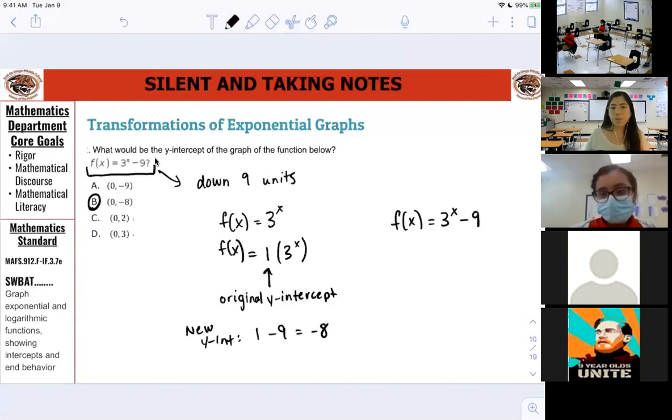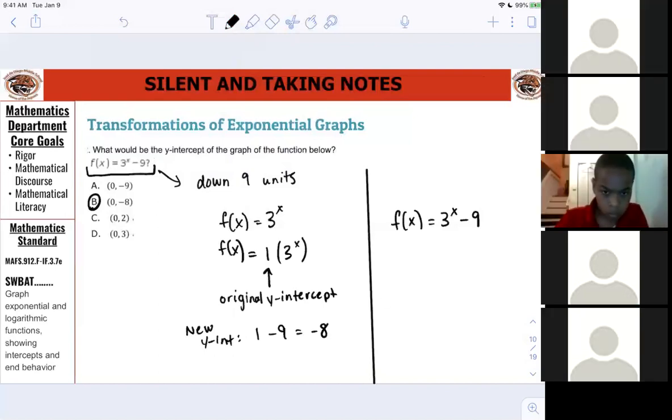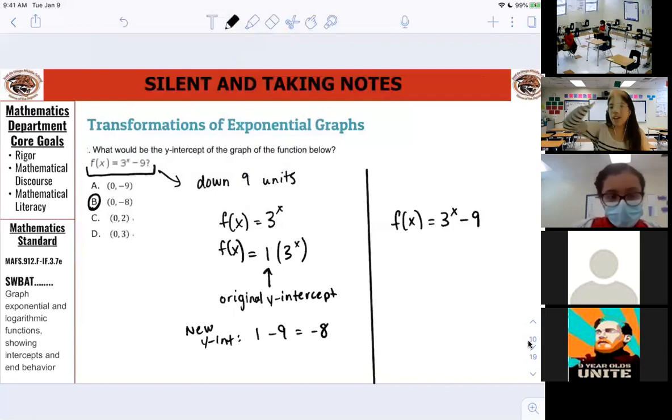Now another way you could figure out the y-intercept, and if you're on beast mode when you're taking your test, you would remember this: what do you plug in to figure out the y-intercept? On any graph in the world, any function in the world, if I need to know the y-intercept, what do I plug in?